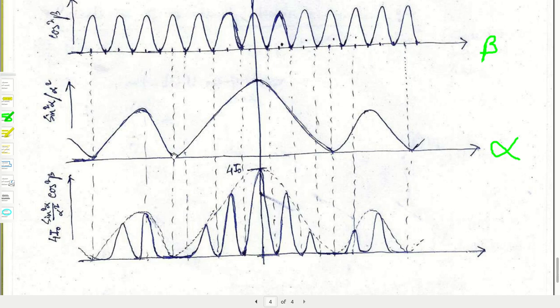So the resultant graph will be this envelope, but within this the interference pattern will be there. So this will act as the envelope graph of this cos square beta curve. It is in the proper scale, so you can understand the missing order has been formed at these points.